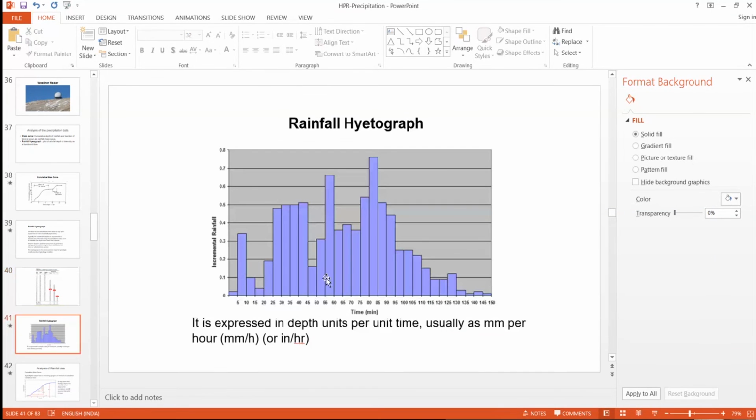The rainfall collected at discrete time intervals is known as the rainfall hyetograph, and the unit is either mm or centimeter, and mm per hour, inch per hour, or centimeter per hour.